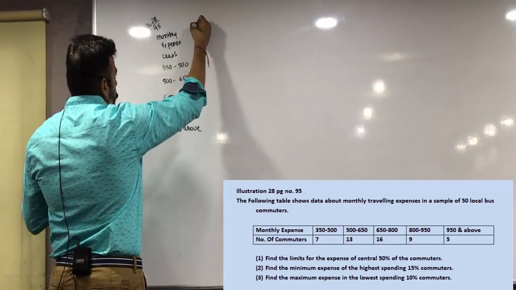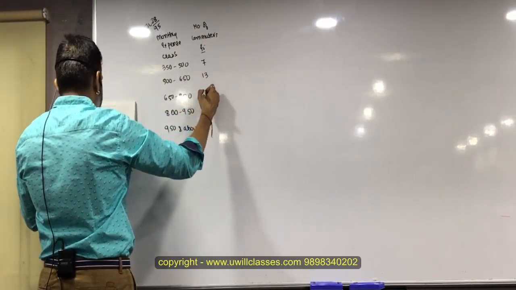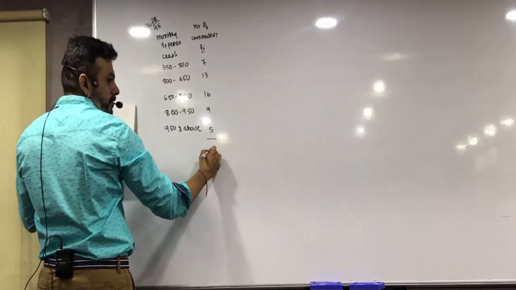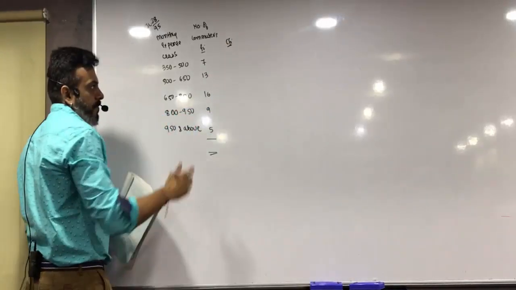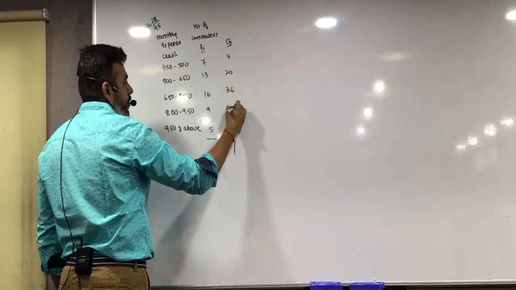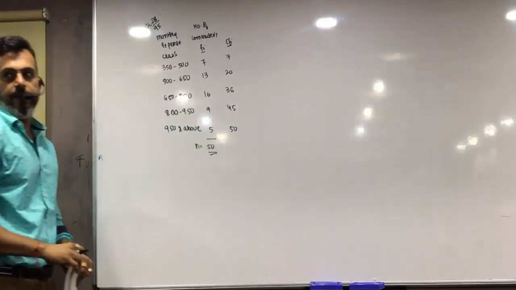Number of commuters fi: 7, 13, 16, 9 and 5. Find the cumulative frequency CFi: 7, 20, 36, 45, 50. N is equal to 50.